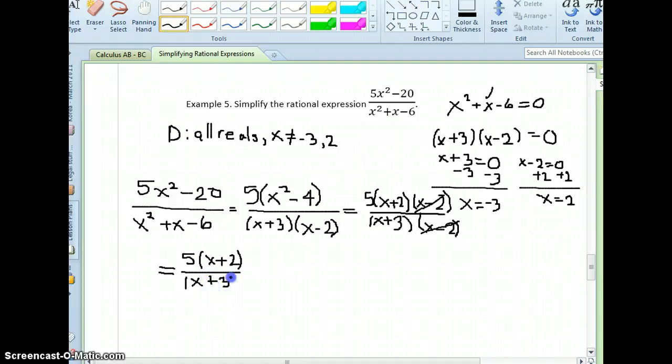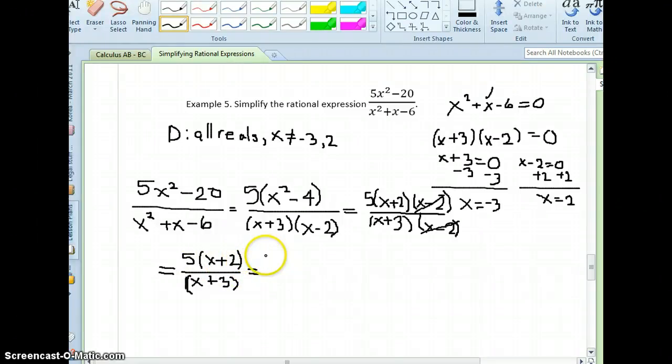Now remember before what I had said, that when there's only a single factor left either in the denominator or in the numerator, you don't need the parentheses anymore. So in the denominator I do not need these parentheses. And in fact in the numerator, if I want to distribute this 5 back out into this binomial, then there wouldn't be any parentheses anywhere.